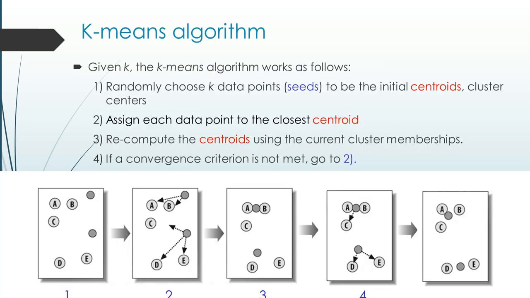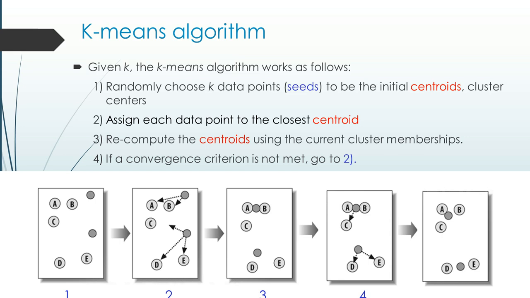So let's look at the actual algorithm. As you can see here, first we have the image on the bottom left, where we have different elements. Let's call them A, B, C, and then D and E, and then we have these gray dots, which are called the seeds, or the K elements, or the centroids. In this case, the algorithm will start with K equal to 2.